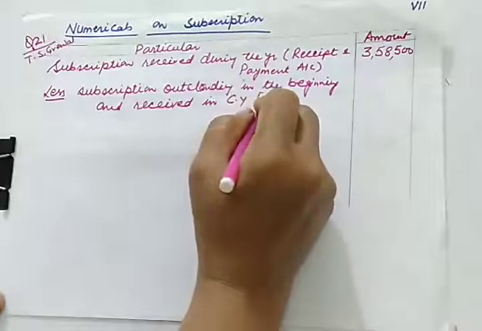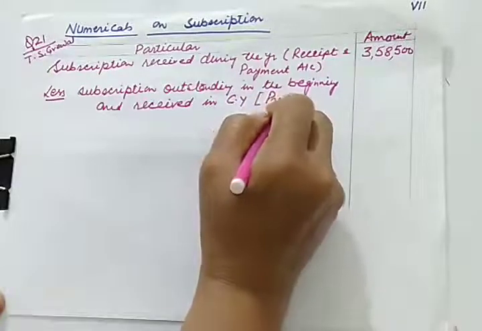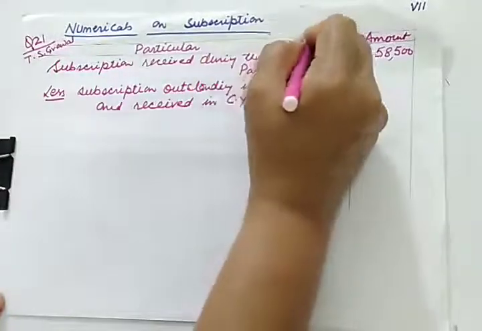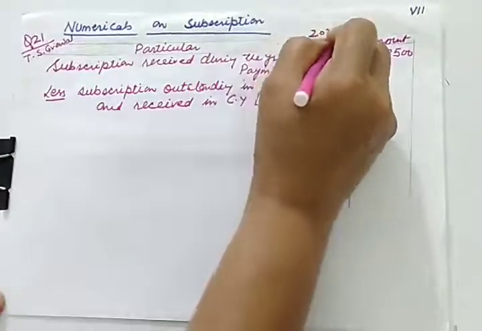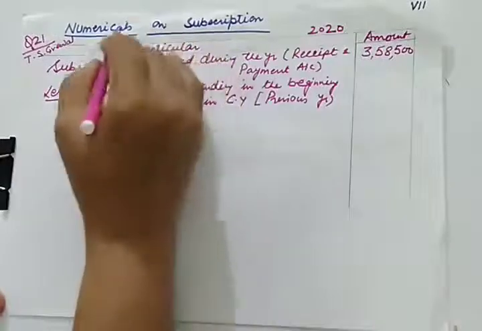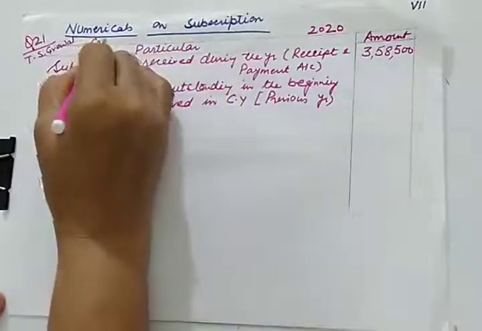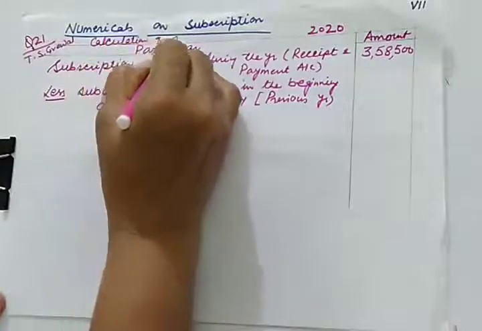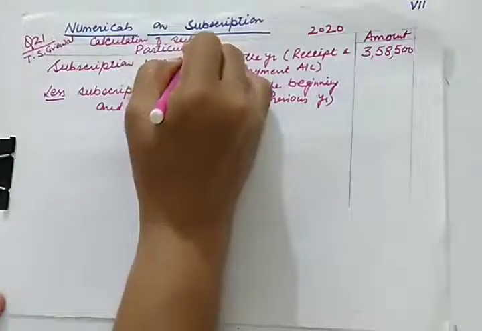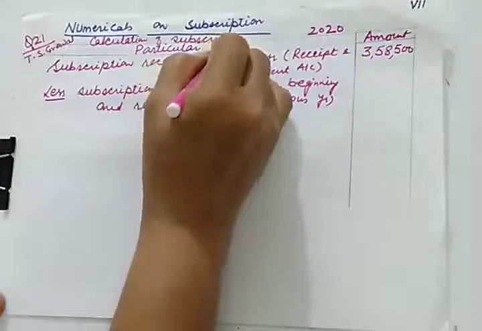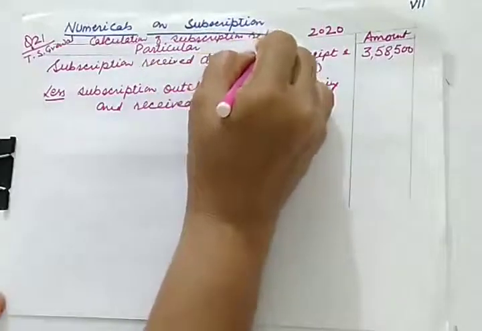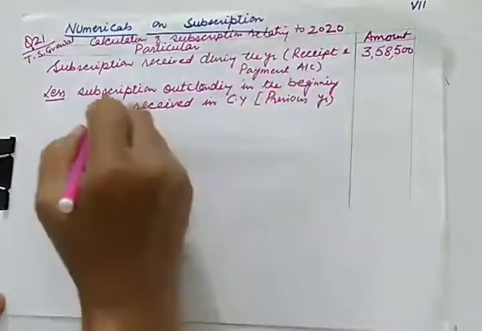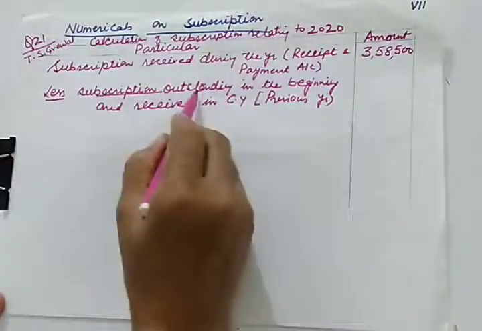And moreover, it is related to previous year. What is our current year? Our current year is 2020. So you can mention the heading, calculation of subscription relating to 2020.